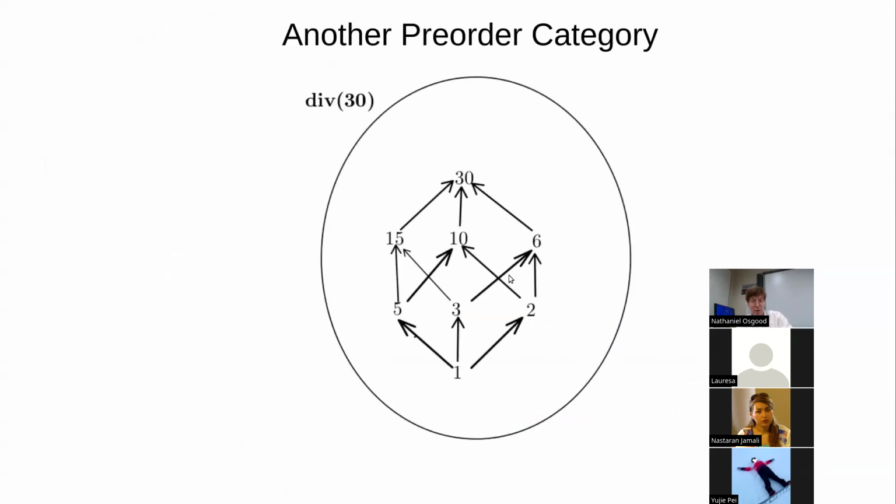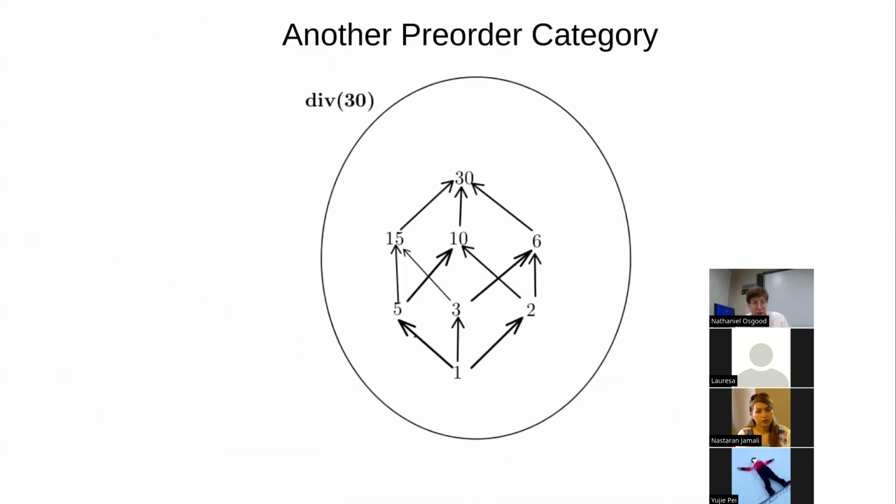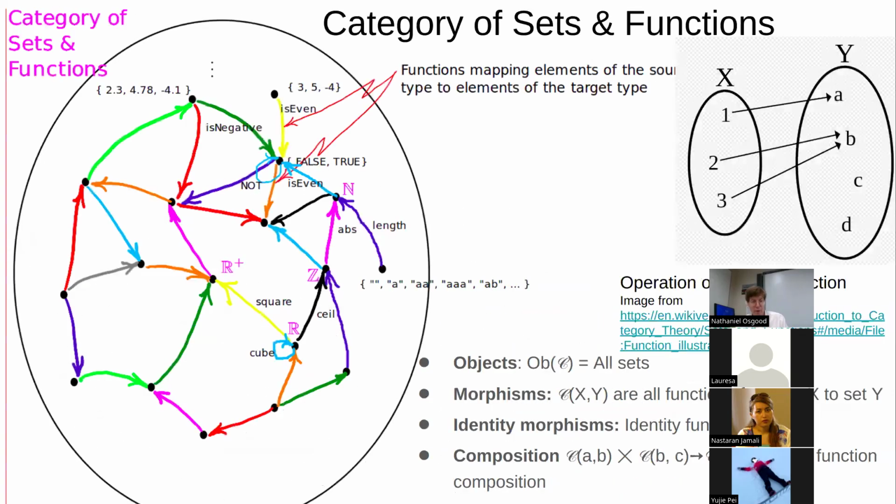This is another preorder category. So we have objects, we have morphisms where there's some sense of less-than-ness, like less than or equal to. What that means in different cases is different. In some cases, it could be size. In some cases, it could be that it's included in another set. In other cases, it might be whether it divides it, right? Like here. These are preorders.